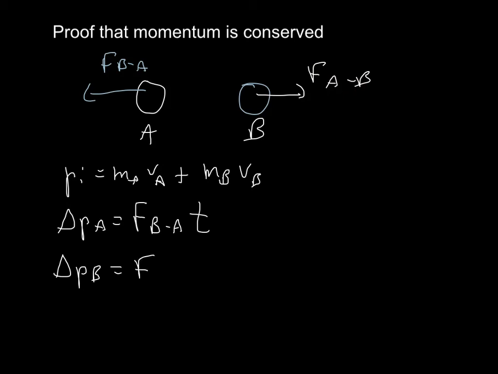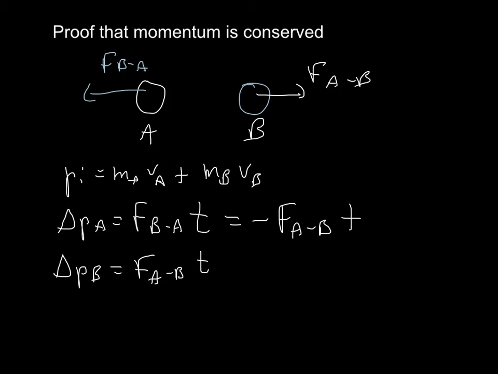But remember that these two forces are equal but opposite. So I can actually write this as minus F that A does to B times the time, because according to Newton's third law, these two forces are equal and opposite.